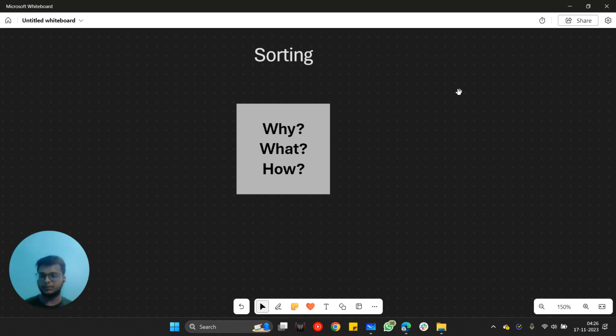So from this example, we can see that if things are sorted, we can search anything easily and faster, right? So how is it even relevant to data structures and algorithms?